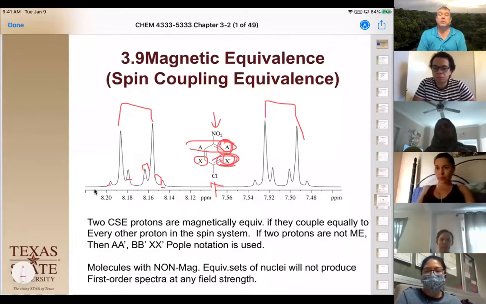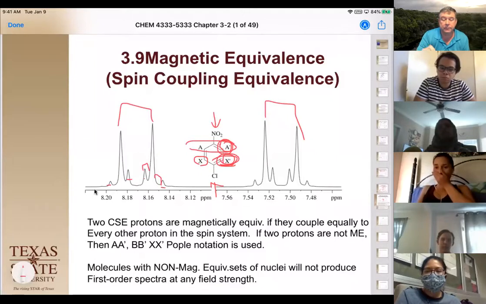So sometimes, especially in symmetrically substituted pairs, you'll see the classical doublet of doublets. However, when you have the non-symmetrical and it's in that magnetic field, you're going to get a more complex spectrum due to that second order splitting.